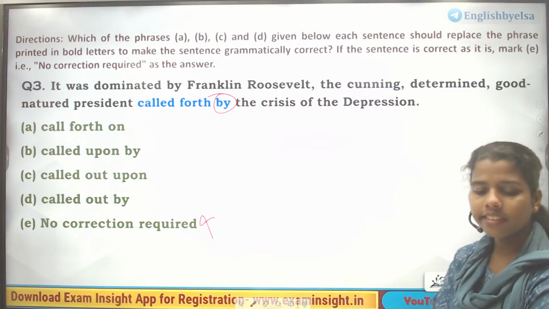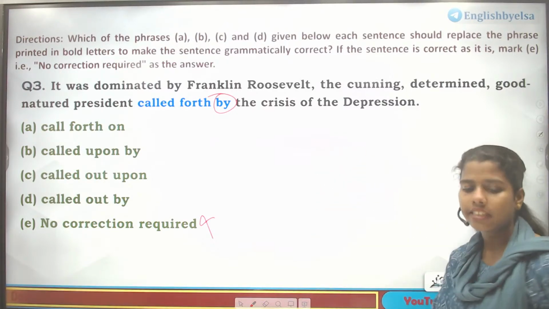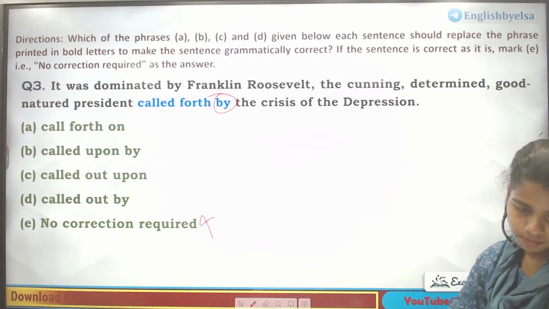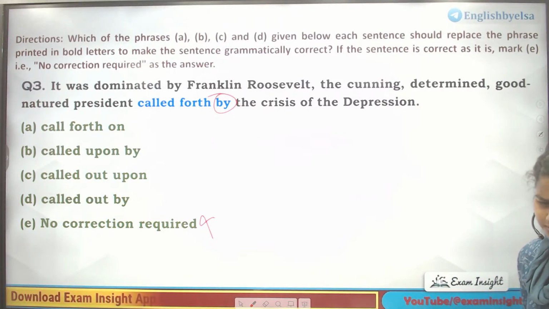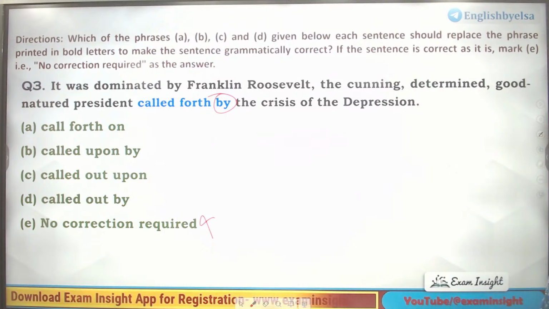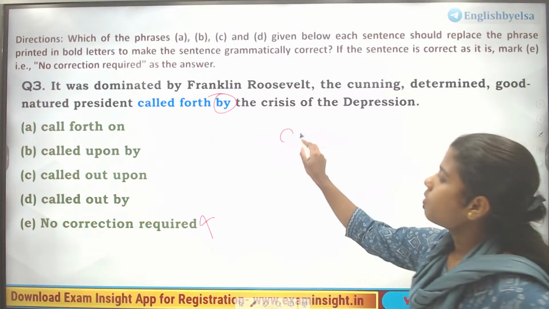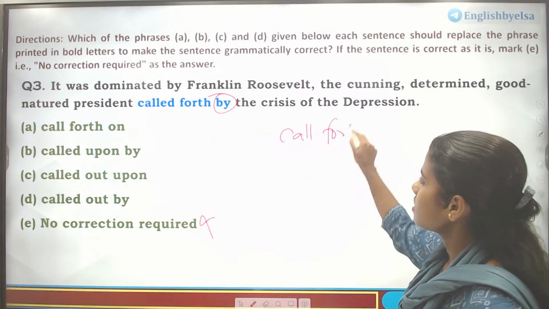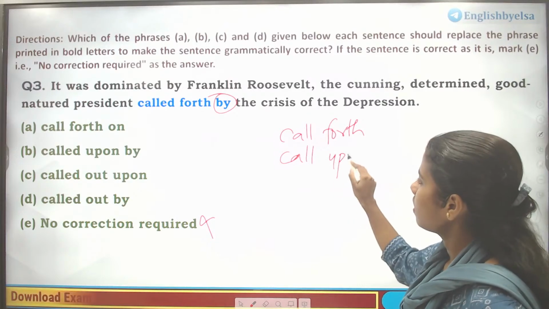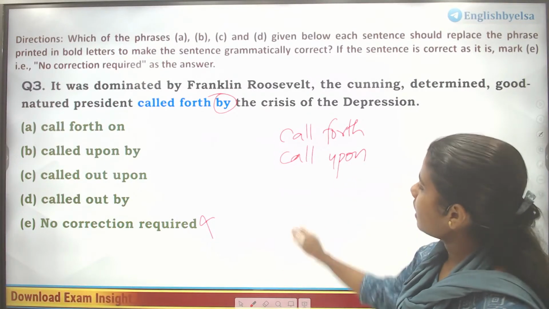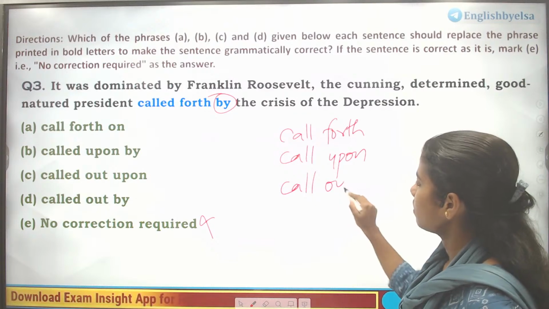The written sentence or the written preposition is incorrect. First is call forth, which I can see in the option. Next is call upon. And the third one is call out. That's it.